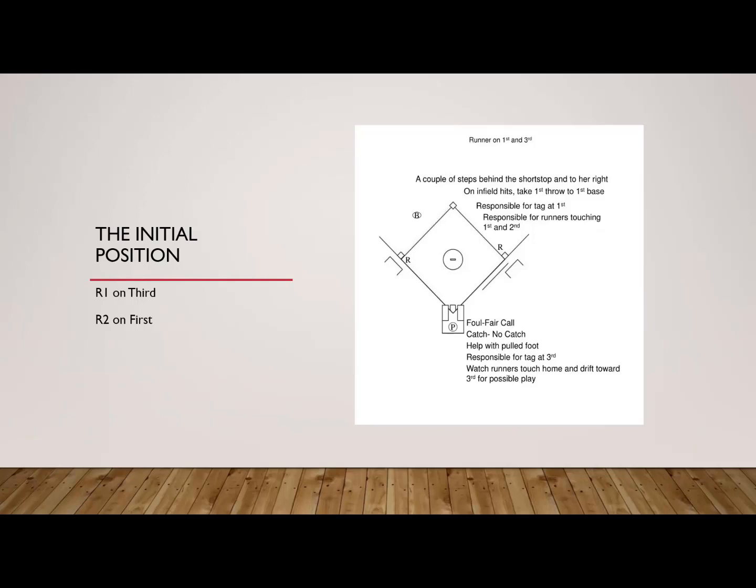You're watching both runners to make sure they're not leaving early, and you're making sure that there are no illegal pitches. In case of a steal, you wait for the throw, and on the throw, you would be responsible for the tag at second base if they did throw down.